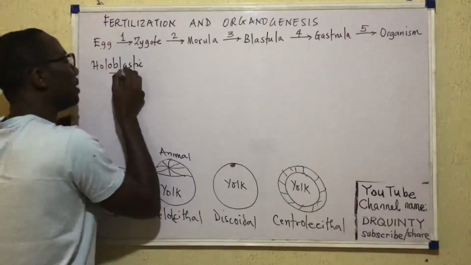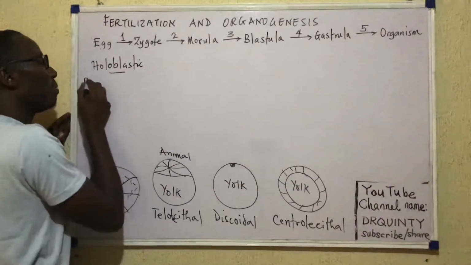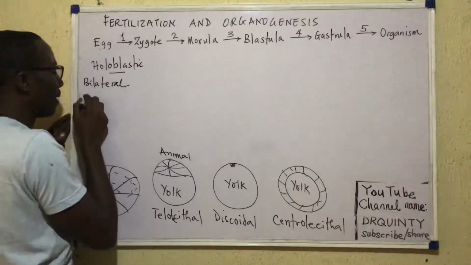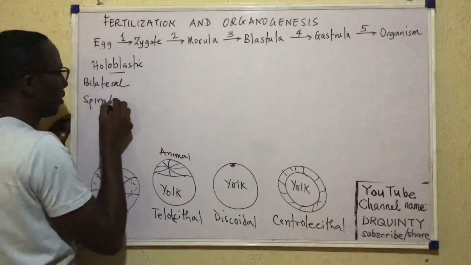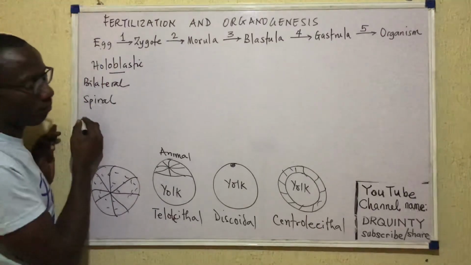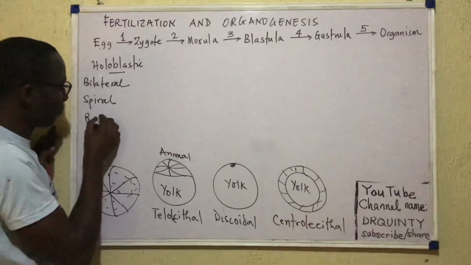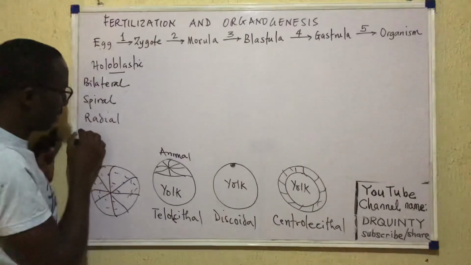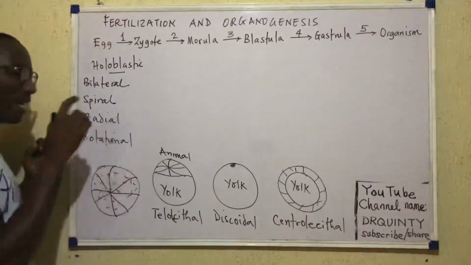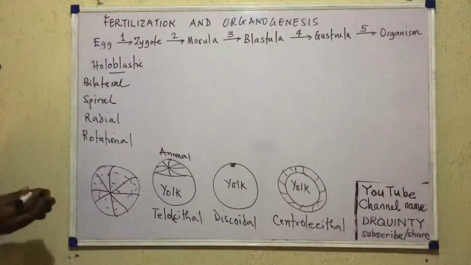Now, for holoblastic cleavage, it has patterns. It may be bilateral, it may be spiral, it may have other forms. There are four forms actually. There's radial, yes, and then there's rotational. Beautiful. So these are the four patterns. These are not really types of cleavage.